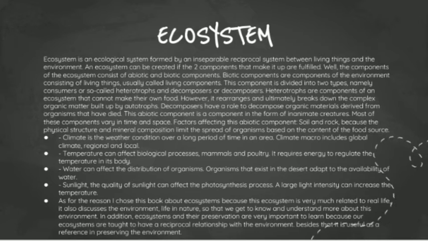Organisms that exist in the desert adapt to the availability of water. Sunlight, the quality of sunlight, can affect the photosynthesis process. A large light intensity can increase the temperature.